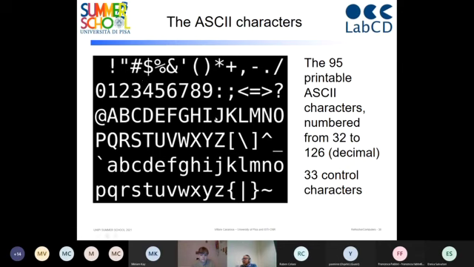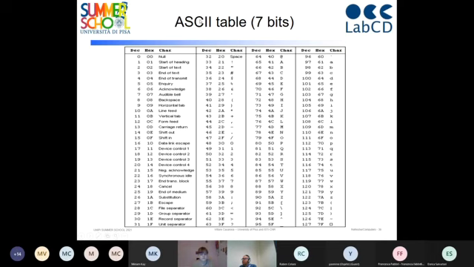In the English alphabet, they identified 95 printable characters, meaning characters that have a graphic symbol, and then another 33 control characters, meaning characters that control the new line and other things. So the very first table, defined in the 50s, was this ASCII table at 7 bits.